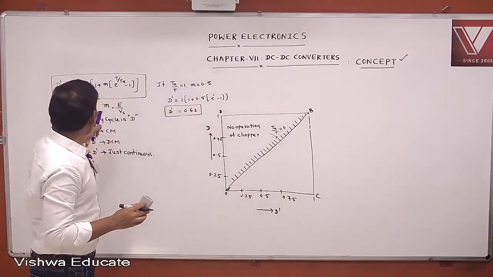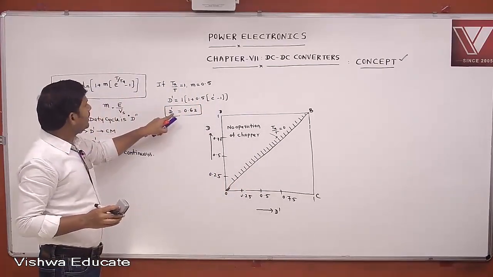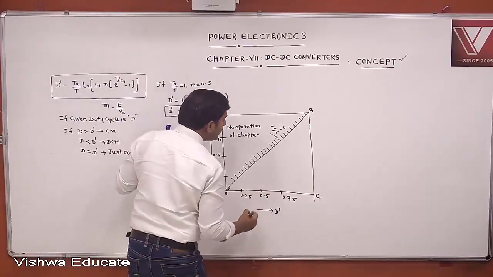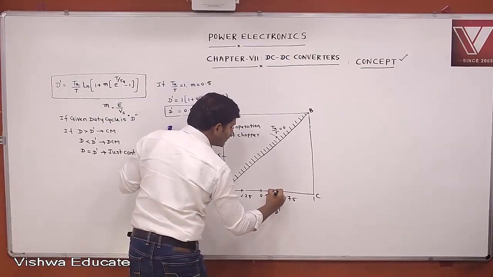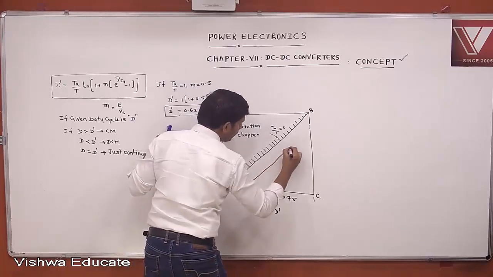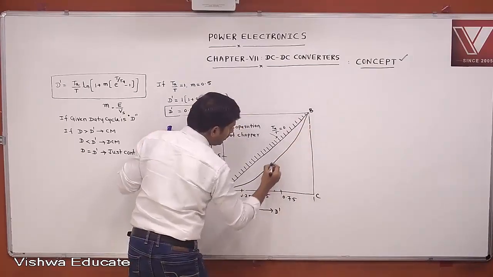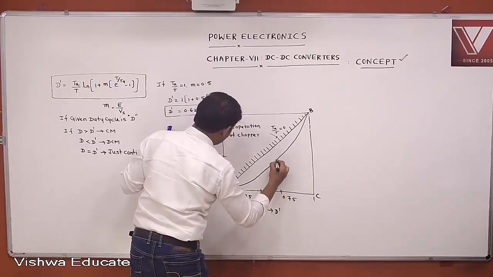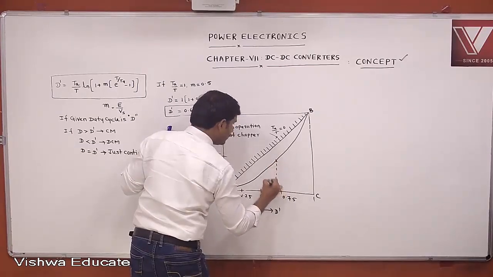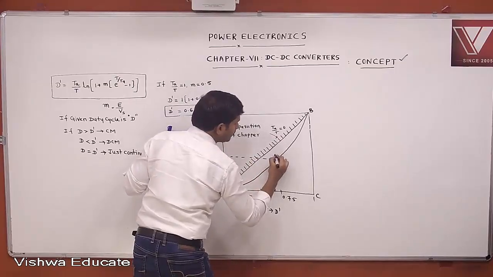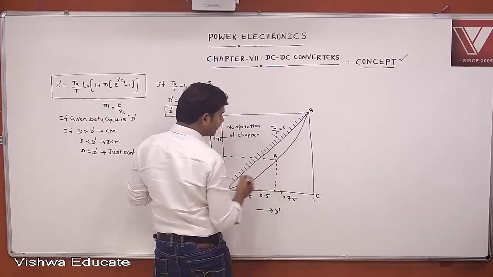Then if you draw the curve for Ta by T equal to 1, m equal to 0.5, we get the characteristics like this. Let this be A. This is OAB.